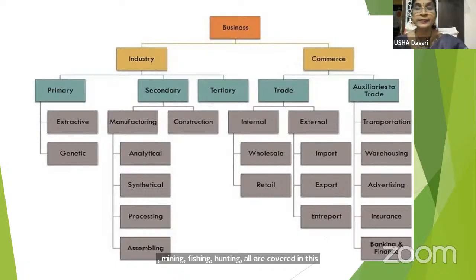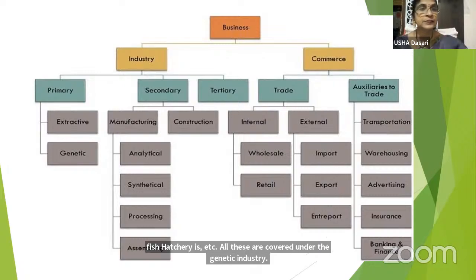The second one is the genetic industry. The genetic industry is related to reproducing and multiplying certain species of animals and plants with the object of earning profits from the sale. For example, nurseries, cattle breeding, and fish hatcheries are all covered under the genetic industry.